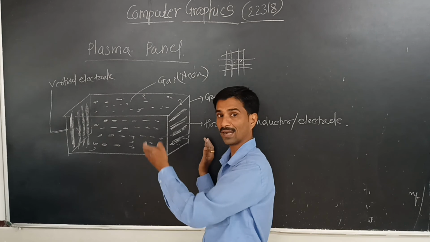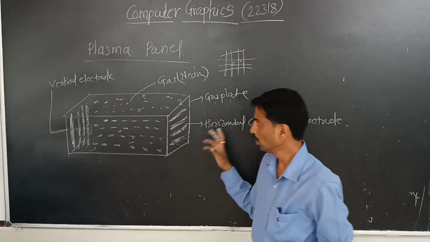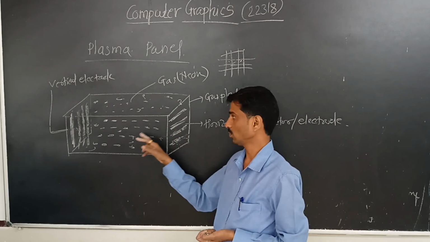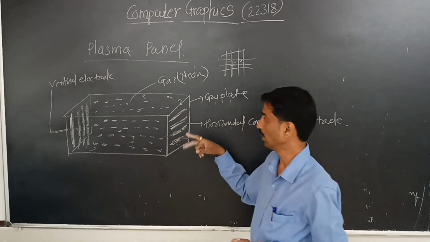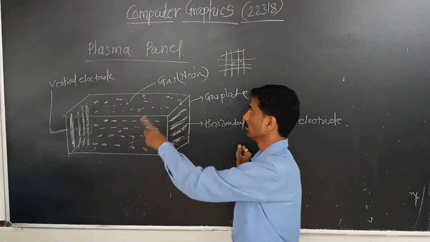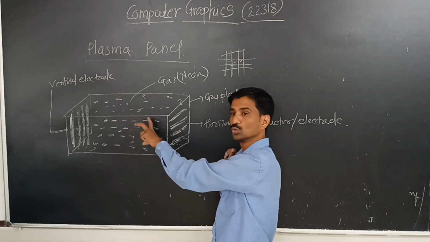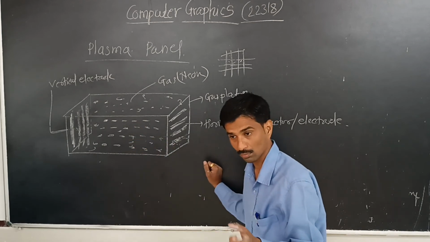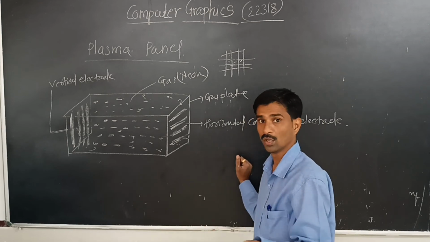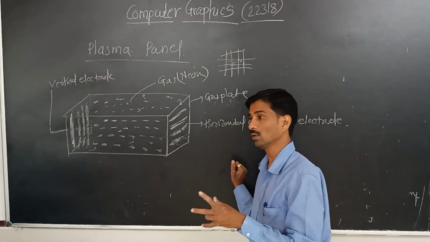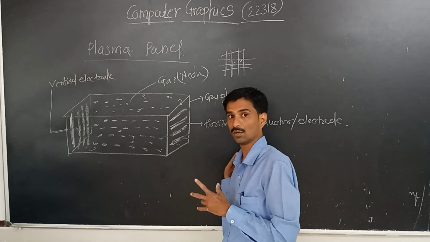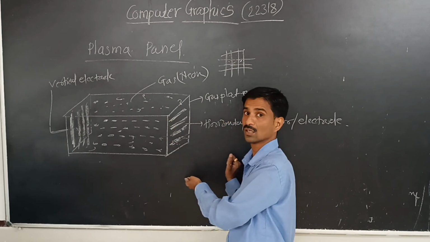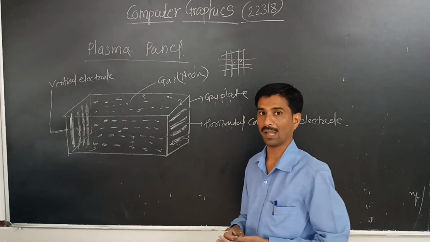As the voltage varies, it will convert the neon gas into plasma, and the plasma will glow and form different colors. Likewise, this is the construction and working of the plasma panel.